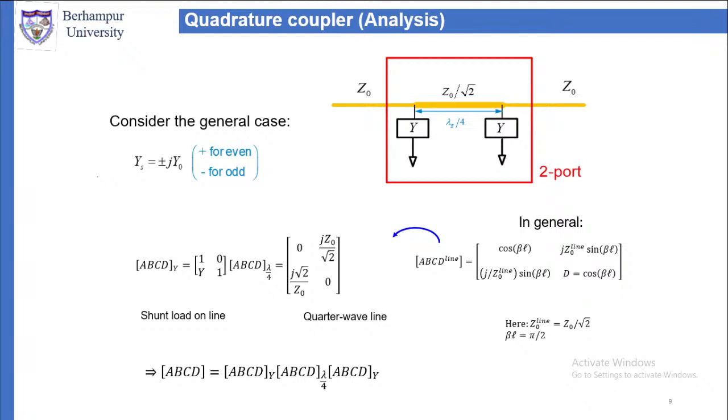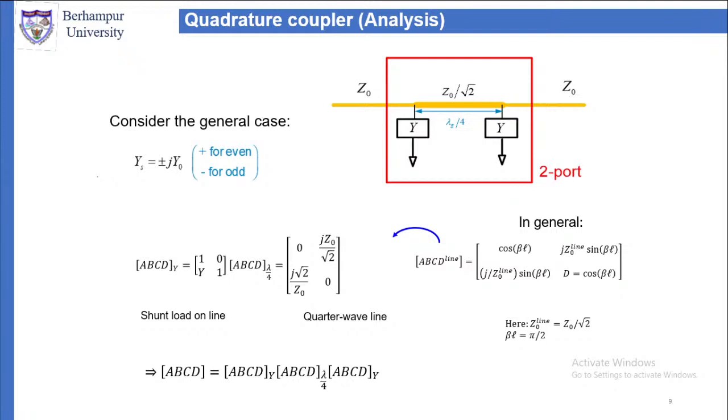That shows that the ABCD matrix for this circuit is the ABCD matrix of the shunted line, the Y line, times the ABCD matrix of the lambda g by 4 line, times the ABCD matrix of the other shunt.